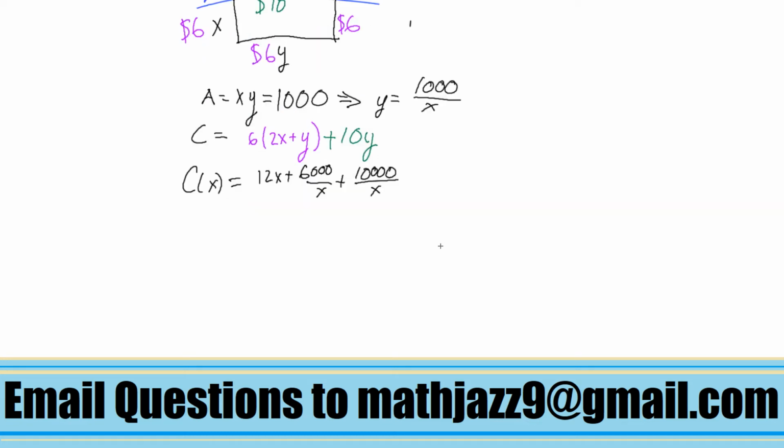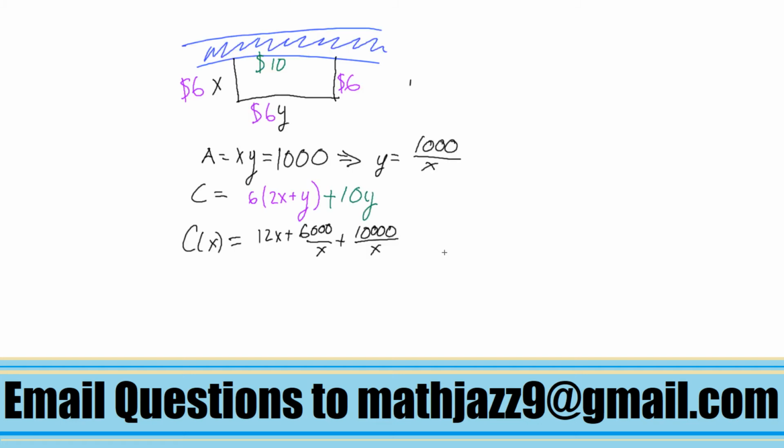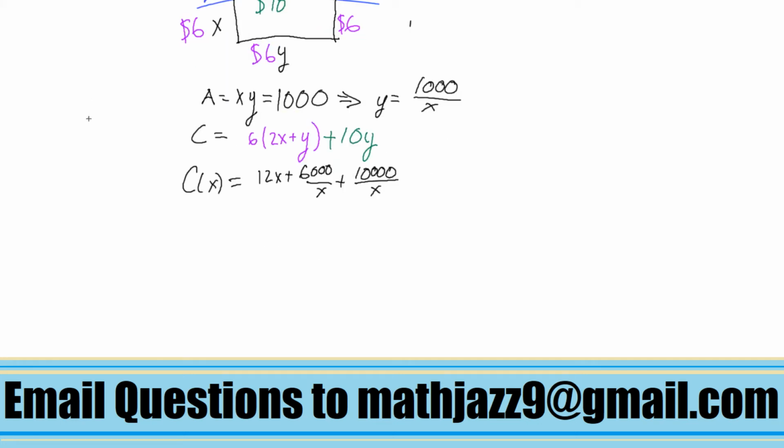We're going to scroll up a little bit to get a little more space. That gives us a cost derivative of 12 minus 16,000 over x squared using the power rule. We set this equal to 0 to find our critical points.